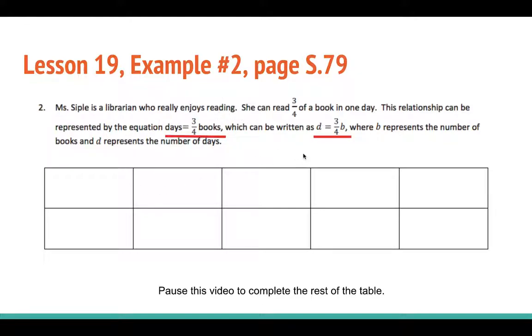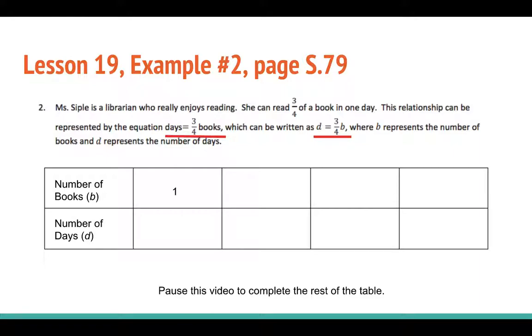Always try to put what you've read in a sentence or an equation so that when it comes time to doing the math, all you have to do is plug in the numbers. You don't have to keep rethinking it. We know that there is a number of books and a number of days. Number of books is letter B, number of days is letter D. Make sure you pay attention to which way your letters are facing.